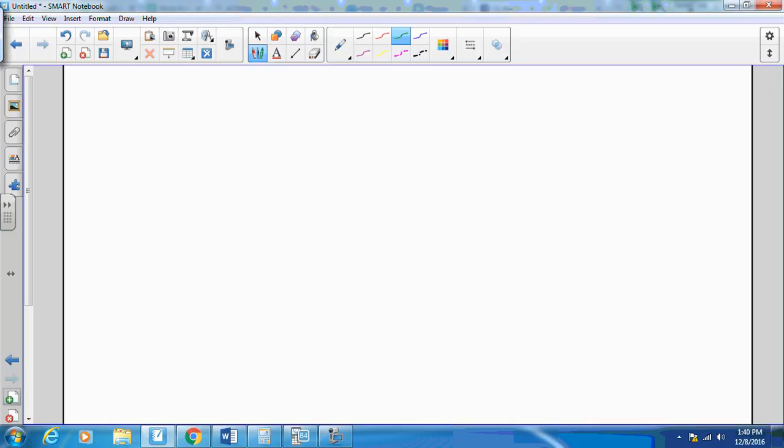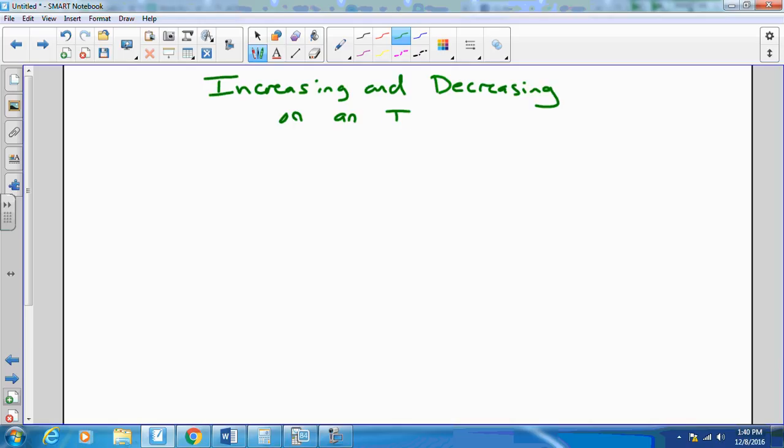Now, let's actually see what we're really talking about. Today, we're going to be talking about increasing and decreasing on an interval. Now, what I'm going to do this week that we're studying this is present some definitions. Definitions don't have proofs. They're simply names that we call things.